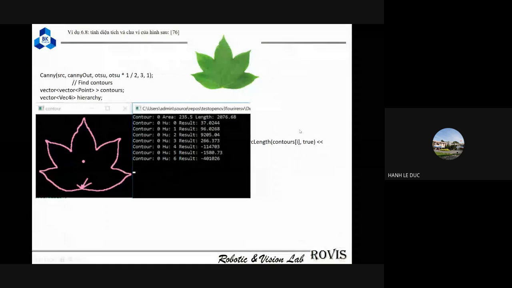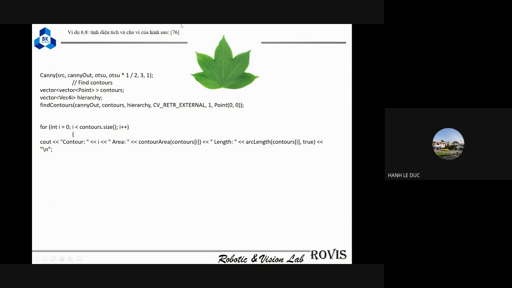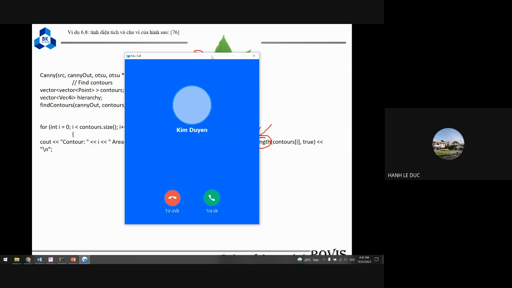And this is another example to calculate the perimeter. For example, I give you this one. In OpenCV, they have functions like contour area and arc length. If you use these functions, then we calculate the area of this one and the length of this one, and the length of this one.